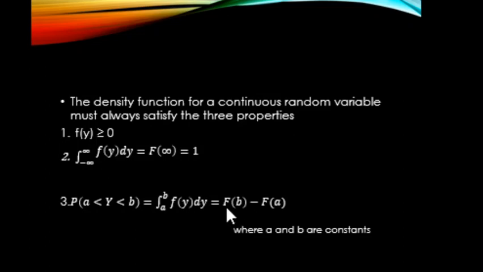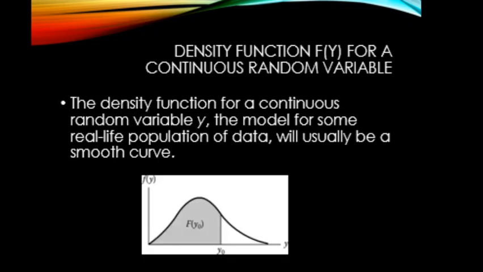If we know the CDF of the function, then we can use the CDF to find the probability. So F of b minus F of a will also give us the same value of the probability.